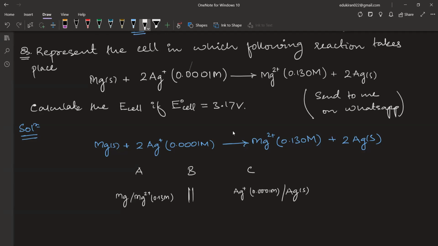Why didn't you take the coefficient of Ag? Because we are not doing a reaction here. This is not an equation. In chemical equations you have to balance things, but this is just a representation, that is why we don't write the coefficients here.